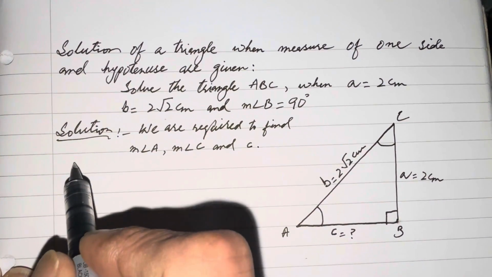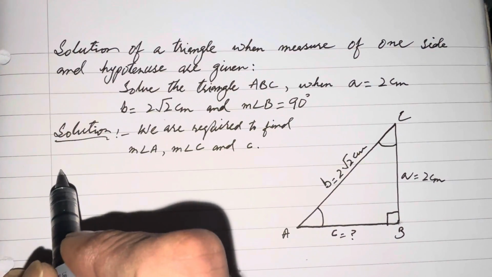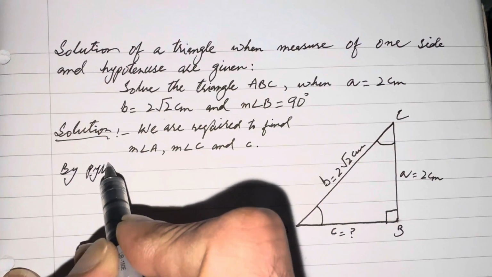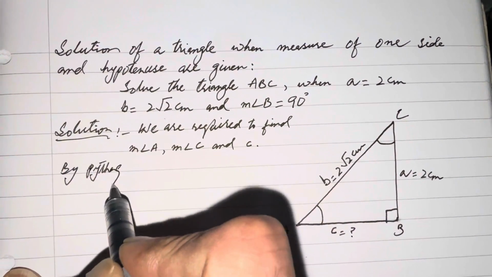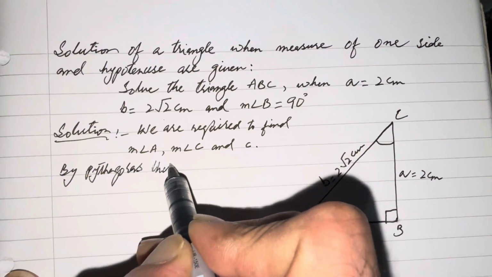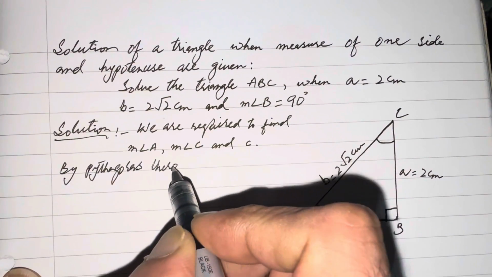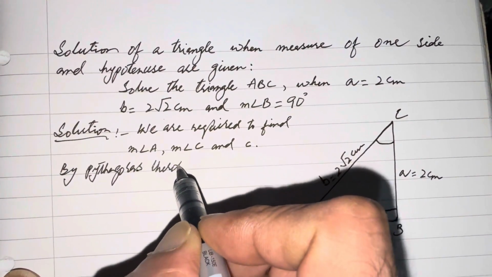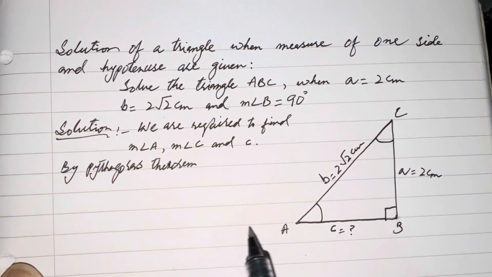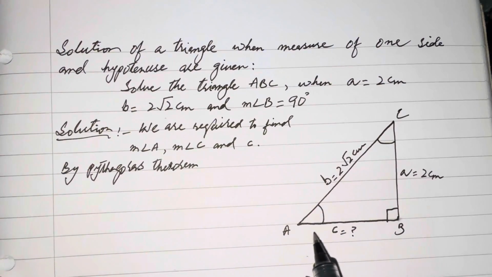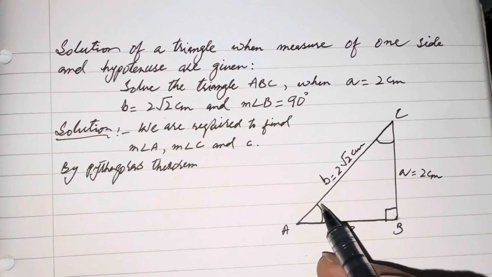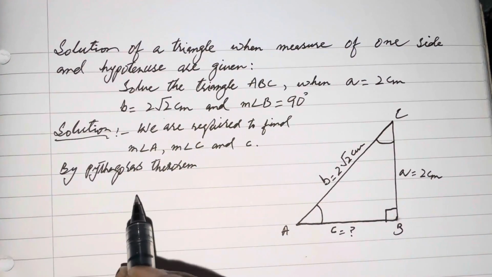So we can use the Pythagoras theorem. As Pythagoras theorem says that the square of the hypotenuse is equals to the sum of squares of the other two sides.